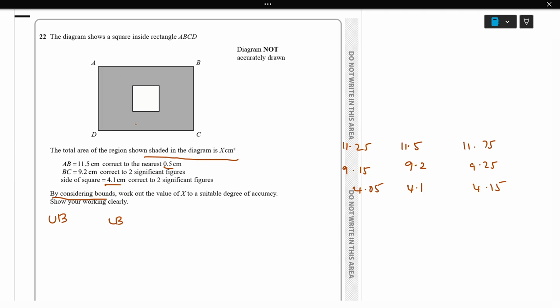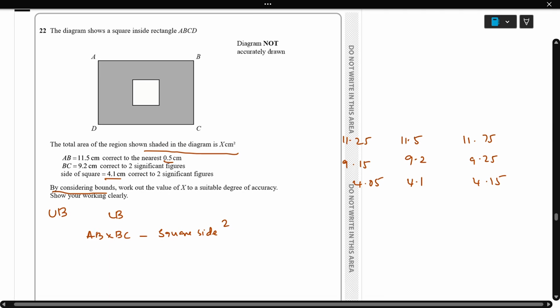So how to find the area of the shaded region? It is AB times BC minus the middle square, side squared.